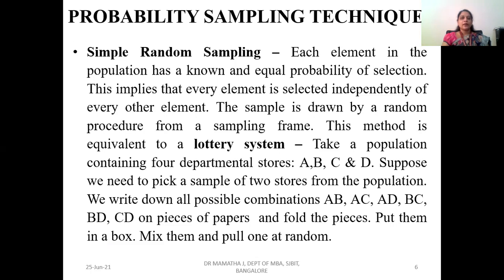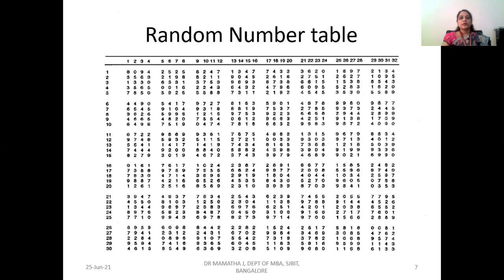So this is about the random sampling lottery method. When it comes to the random number table method, you can find this random number table at the back of any of the textbooks. Even on the net you can find a random number table.